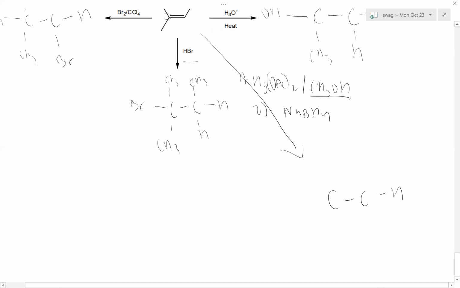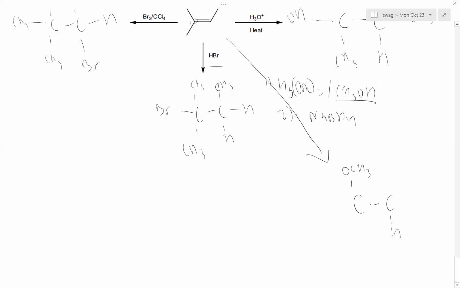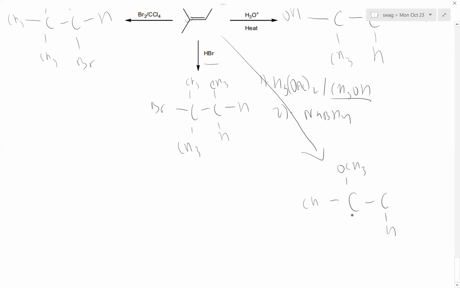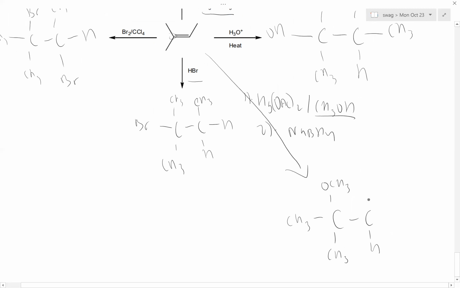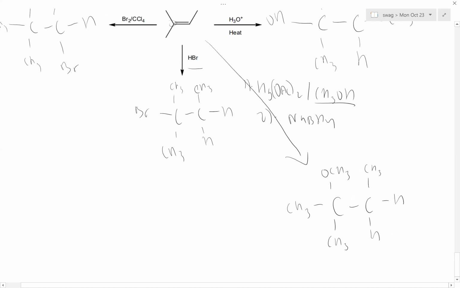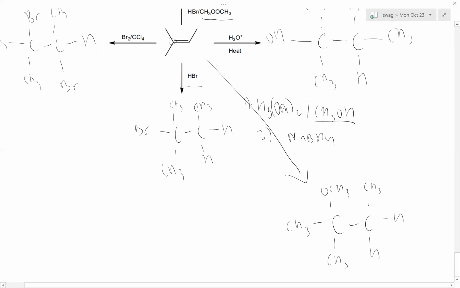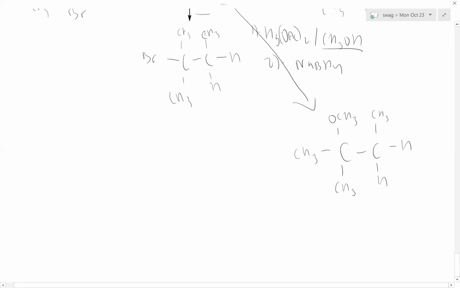So the H here is going to be anti to the OCH3, and the OCH3 is added Markovnikov. Just like that. OCH3 and the H are anti to each other.